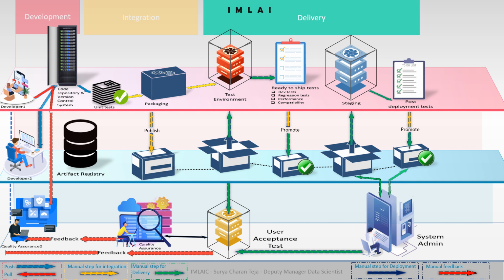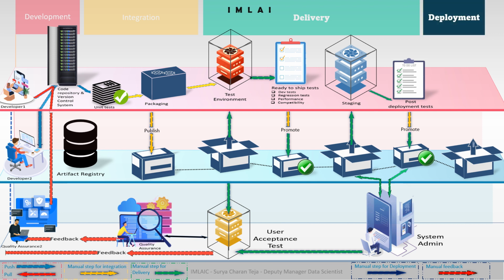So what's left next is to create a production server. The system admin provisions and configures the production server. Once that is done, our application will be unpacked or untarred, and that unpacked application will be put into the production server.